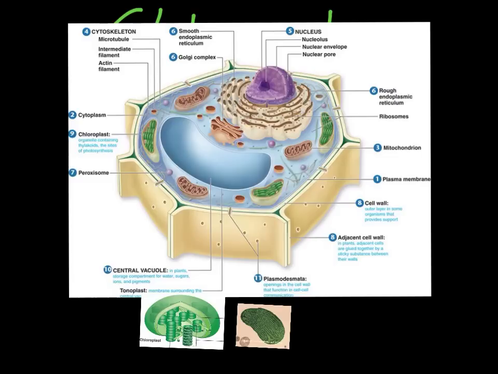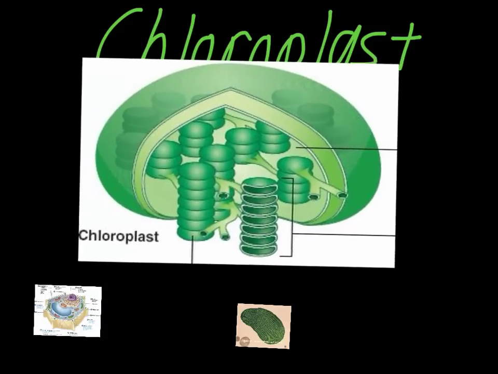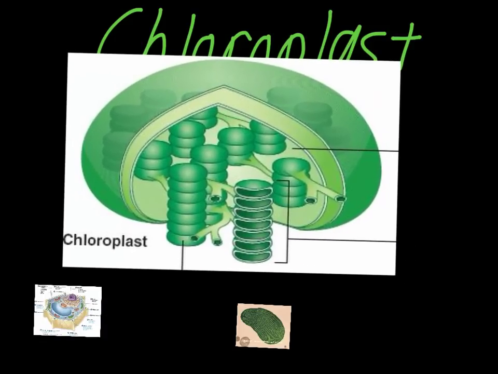To take a closer look at the chloroplast itself, I'll blow this one up. This is kind of the cartoony version of it, which is always sort of a good place to start. There are 2 parts to it, which are pointed out on here. The space on the inside is just fluid-filled space. That is called the stroma.